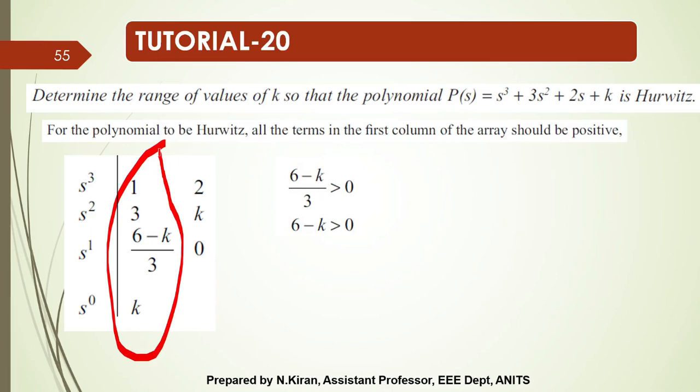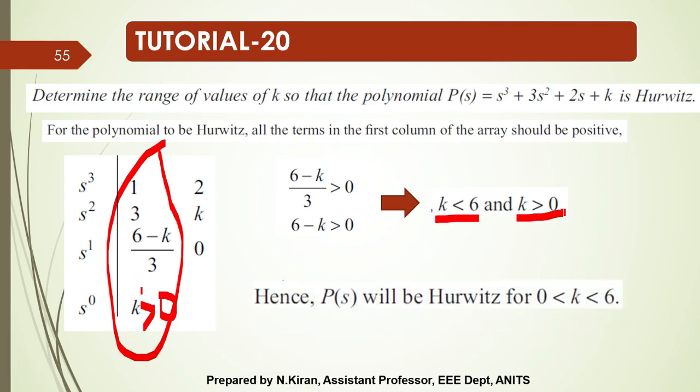So 6 - k is greater than 0, which will give me k less than 6, and k greater than 0, because here I have k. For this to be positive, this also should be greater than 0. So using these two conditions, the range of k for which the given polynomial is Hurwitz is 0 < k < 6.